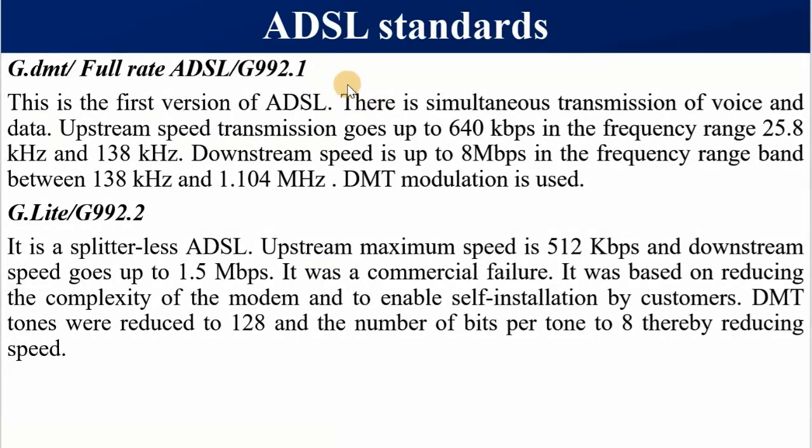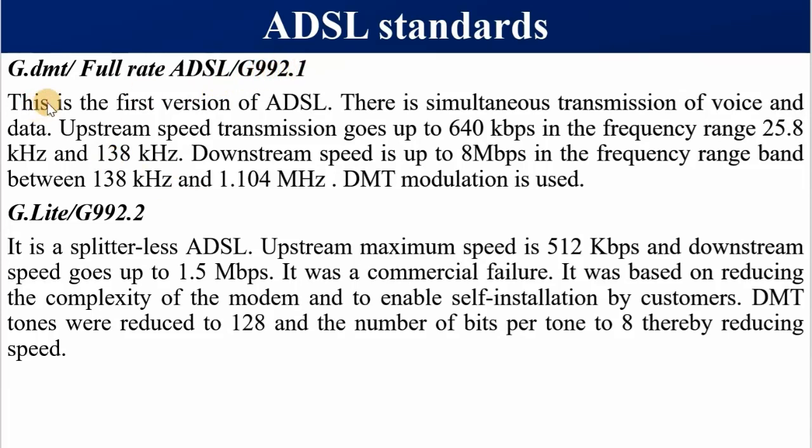We are now going to have a look at ADSL standards, and the first standard of ADSL is known by these three names: G.DMT or full rate ADSL or G.992.1.